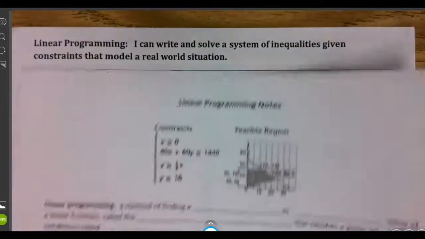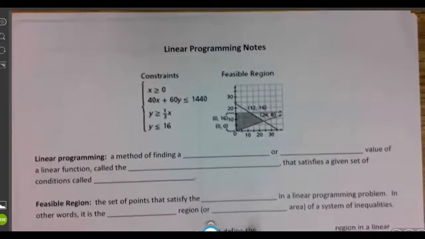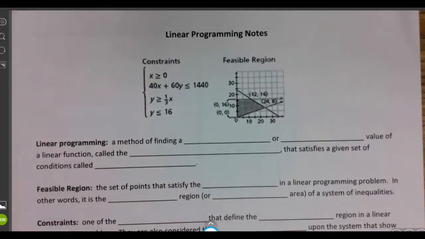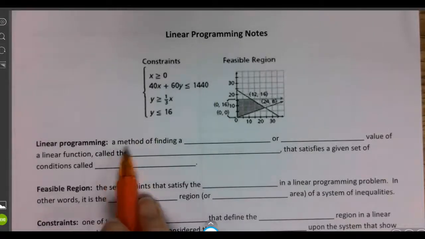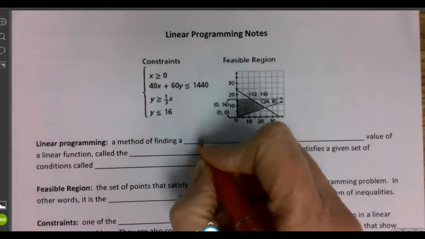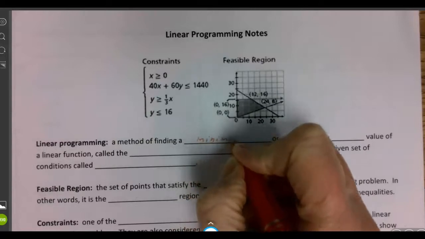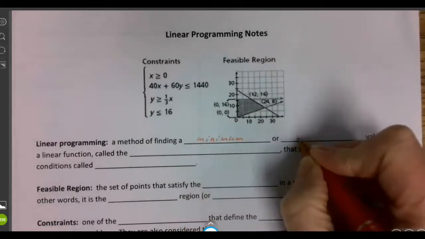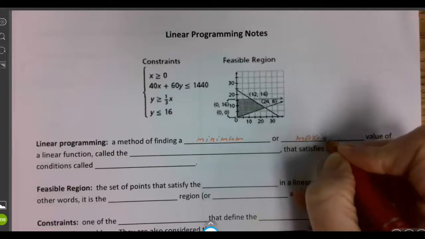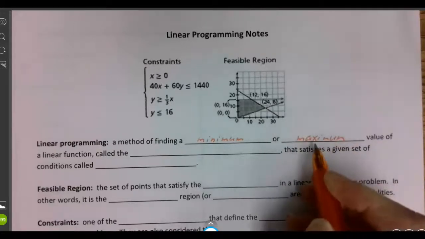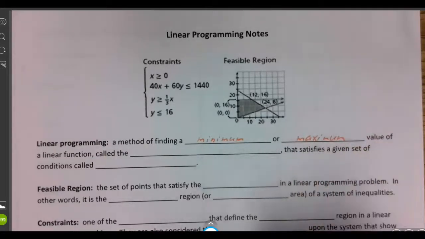So in your packet, we're going to be going through just a few different terms. We're going to refer to this picture when we're talking about this. It is a method of finding a minimum or a maximum. Maximum if we want to find the greatest profit, how much money we could bring in.